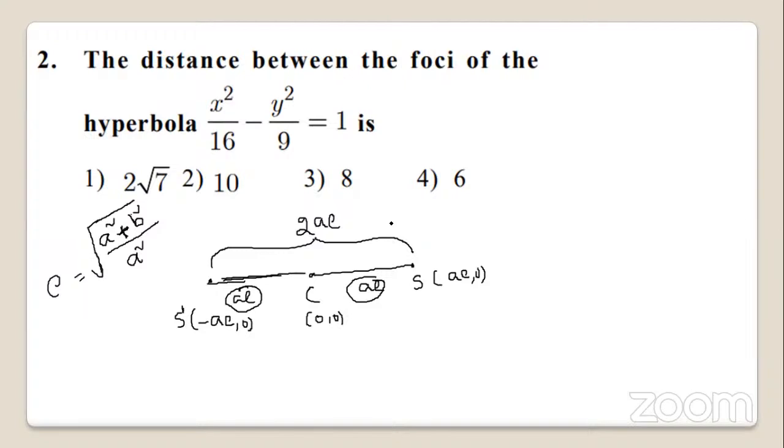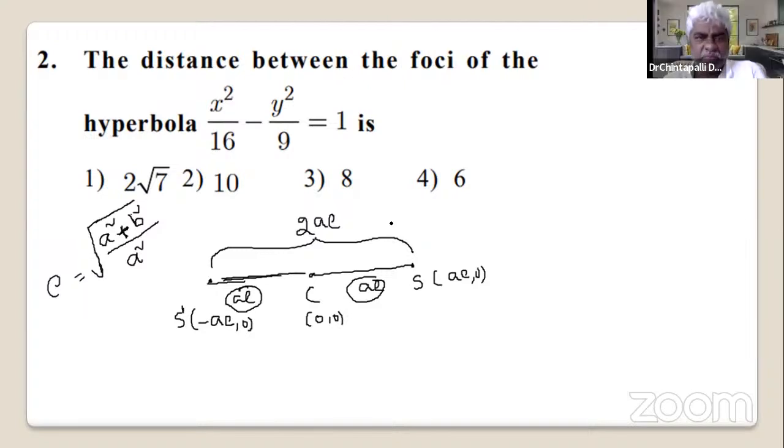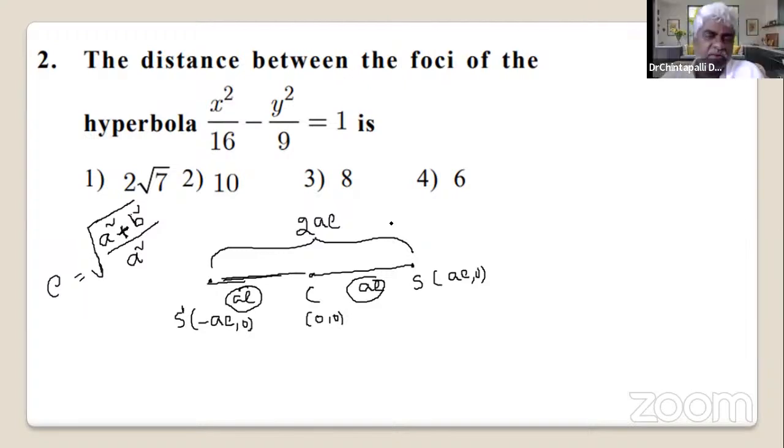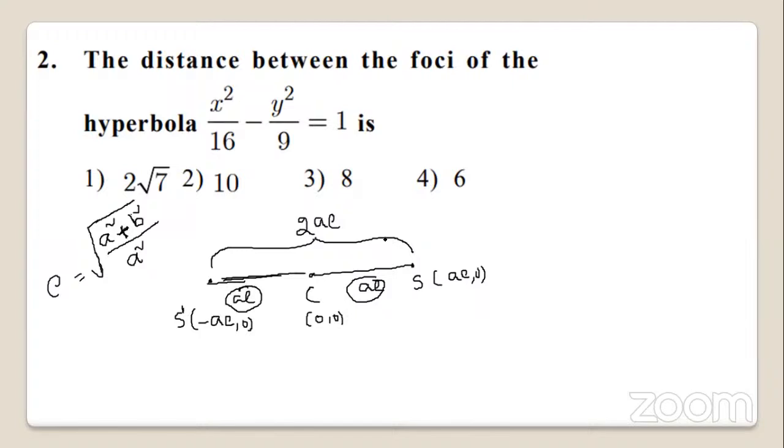So a times e is 4 times 5 by 4, which is 5. But we are asked to find the distance between two foci, so 2 times 5 is 10, sir. Option B, the second option.